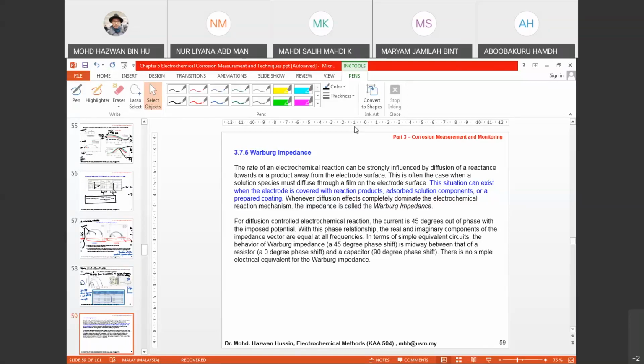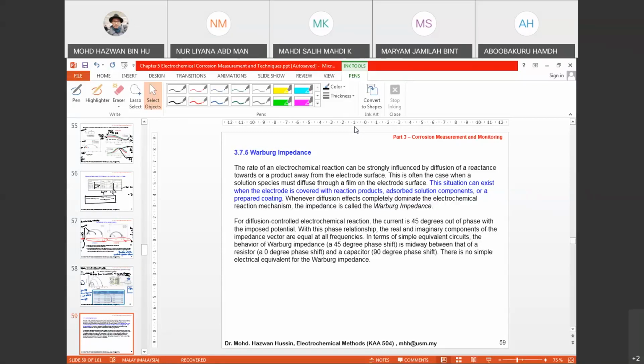But for corrosion, it was tested in the 90s, if I'm not mistaken, maybe in the US or UK. In Malaysia it came a bit late, maybe early 2000s, that people started to use impedance as a tool to measure corrosion. But we are among the first. And now I guess a lot of people, even in UTP, UMP, UMT, UNIMAP, have also started to use impedance to measure corrosion. Right.